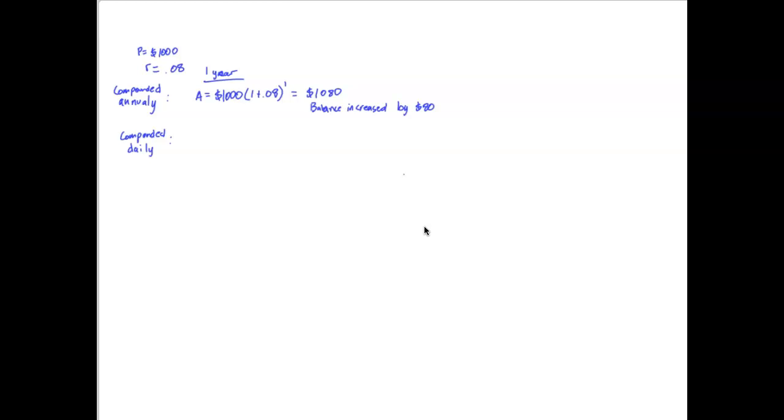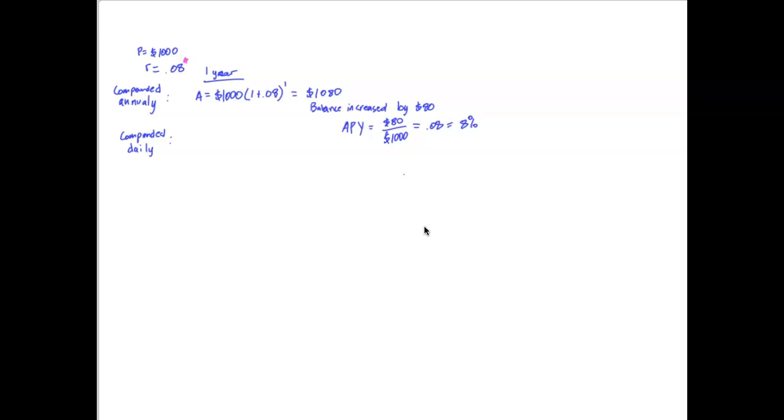So I can figure out my APY, my annual percentage yield, by taking just the $80 it increased and dividing into my principal balance. Well, 80 divided into 1,000 is 0.08. So my APY, my annual percentage yield, is 8%, which is the exact same as what my APR was, right?